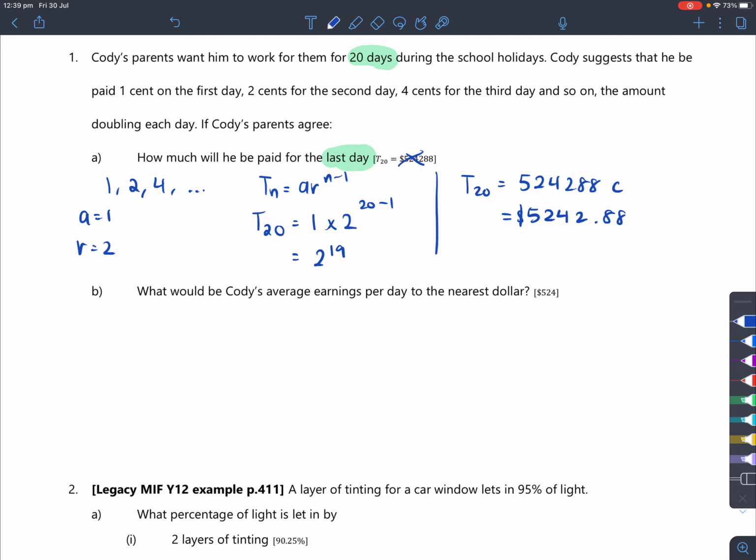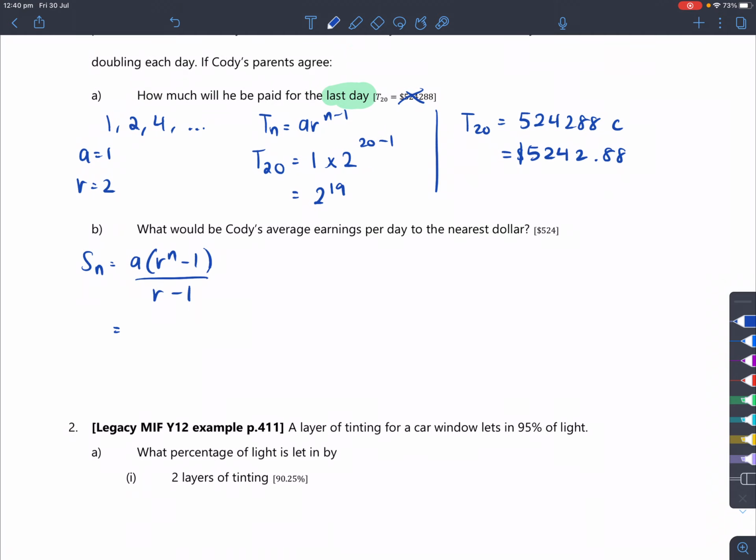But before we write that, we should write Sn equals a, bracket r to the power of n minus 1, over r minus 1. Now, S20 will be equal to a.